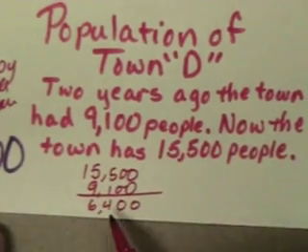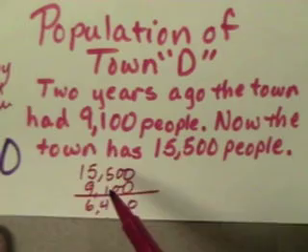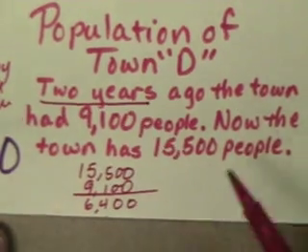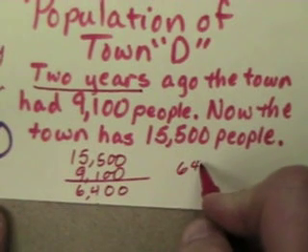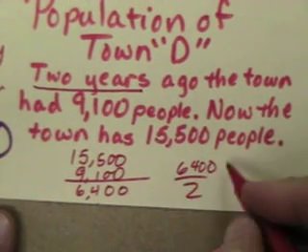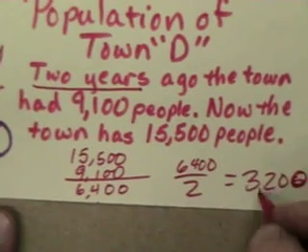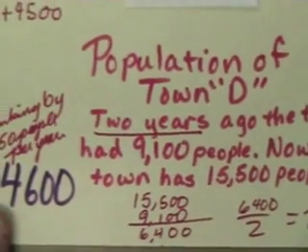So that's 6,400. But that's not 1 year, that's 2 years. And so I need to take the 6,400 and divide it by 2, and I get 3,200 people per year.